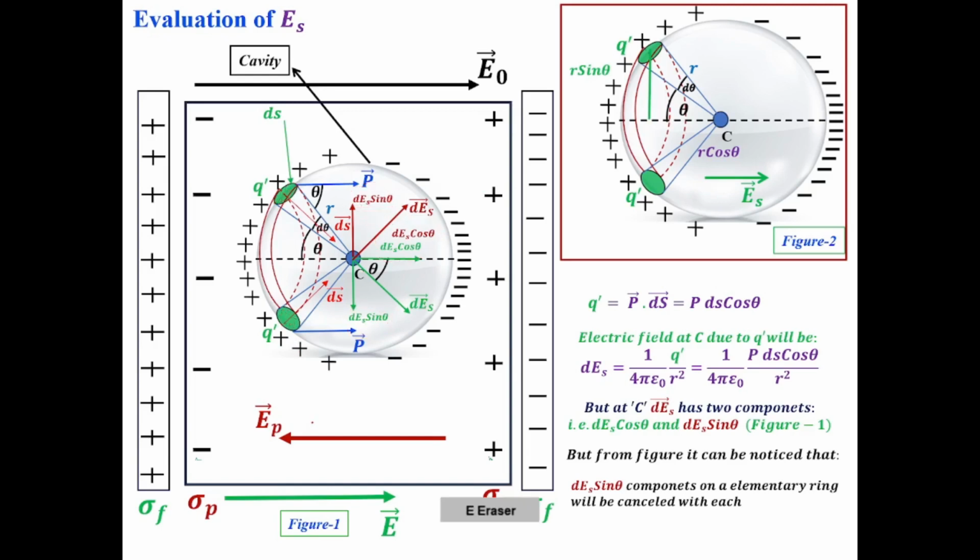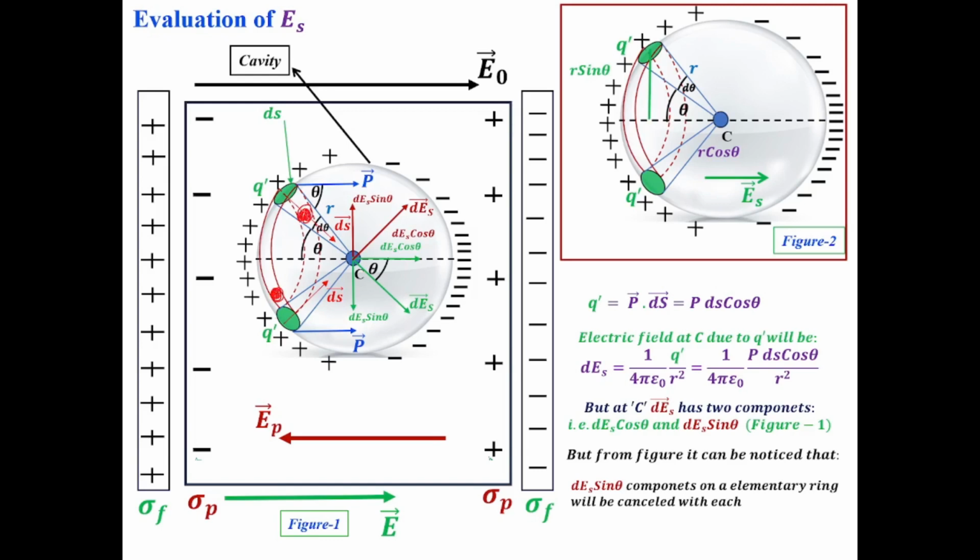Likewise, if we consider an elementary ring having thickness ds, then suppose I consider one element here and just opposite another element on the elemental ring.